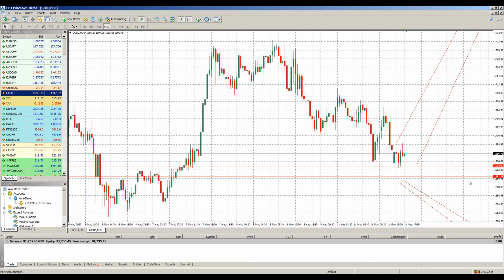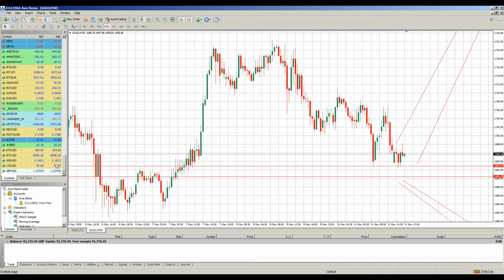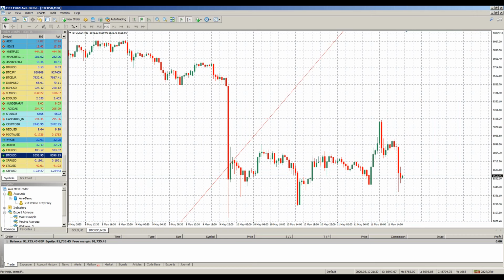All right, so let's take a look then at Bitcoin. We've got Bitcoin USD we'll take a look at. Okay, we see Bitcoin setting up similar to gold.